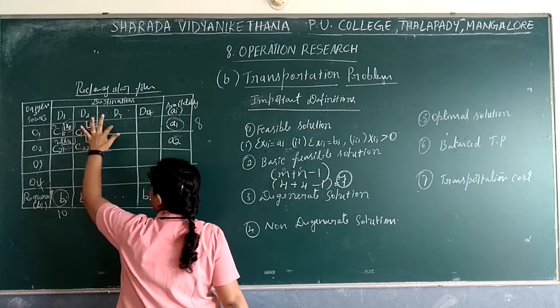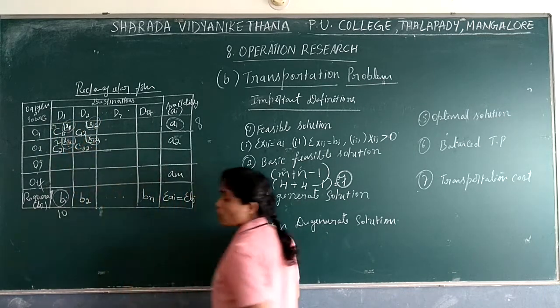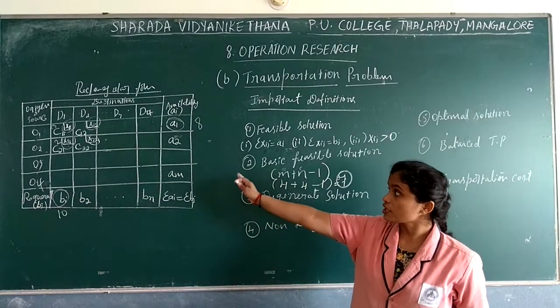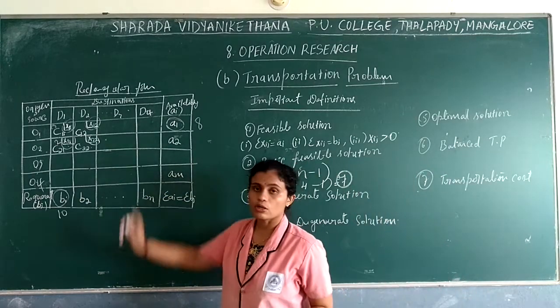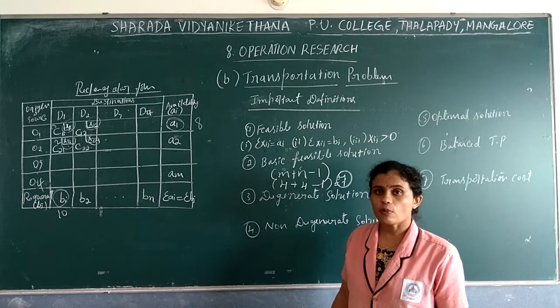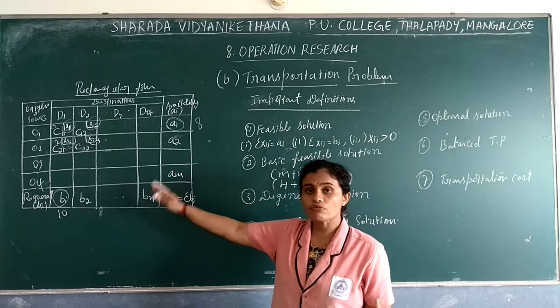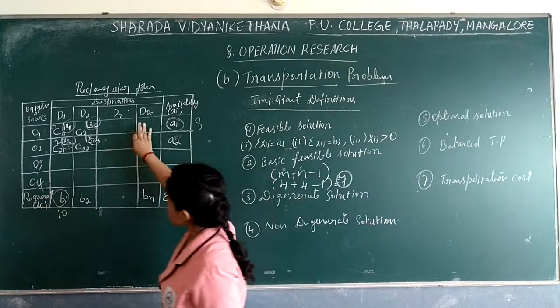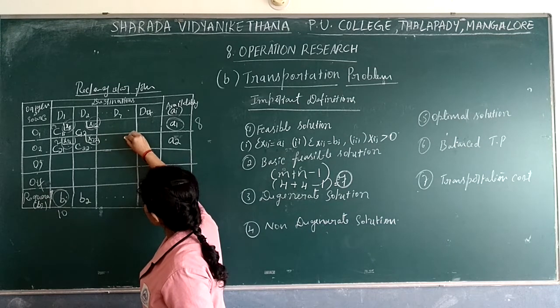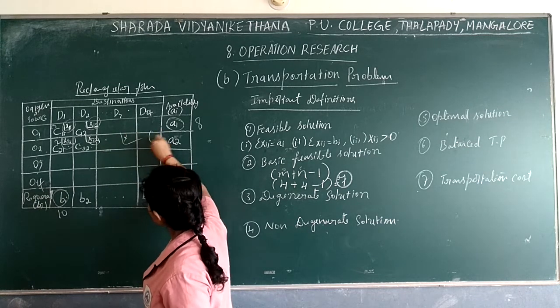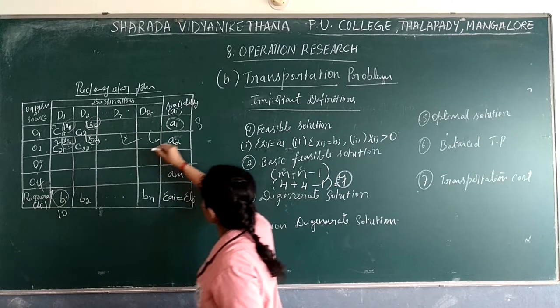We allocate based on the problem, based on requirement and availability, we allocate the quantities. For example, here 4 is there, here 2 more will be allocated, here also something, here also something. Then 1 more will be allocated.